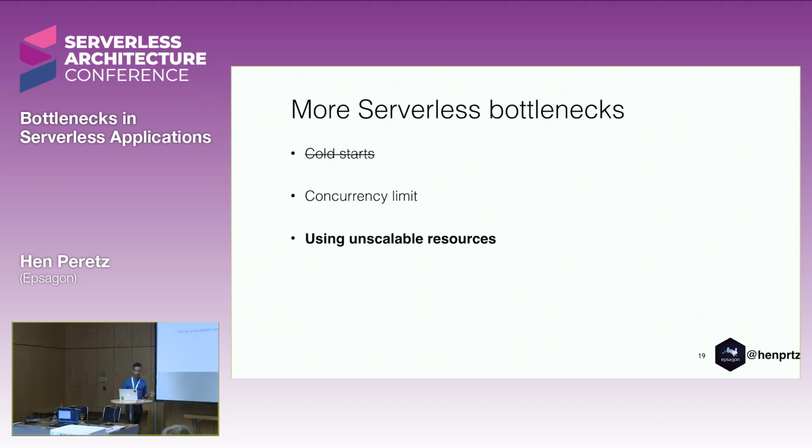Cold starts used to be thought of as a bottleneck, but they're not really one. If your system can't handle that every 40 minutes it's going to take 200 milliseconds more, then you have issues in other parts of your system. It's something we can't really do anything about, and it's not a major bottleneck. It just adds some latency in some situations.